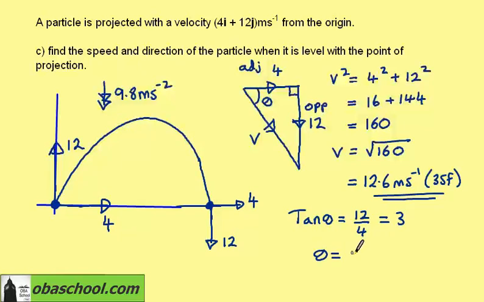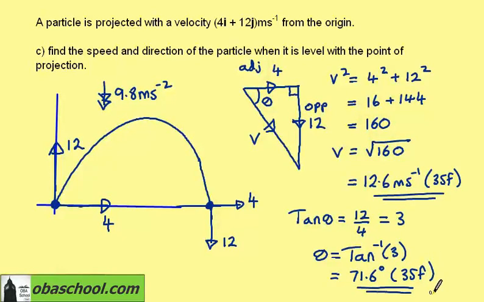Therefore theta is the inverse tangent of 3, and this is equal to 71.6 degrees, correct to 3 significant figures. So the direction of the particle is 71.6 degrees below the positive x-axis, as shown in our diagram above.